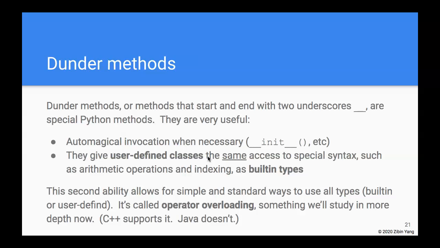This syntax could be arithmetic operations such as plus, multiplication, etc., and the indexing operation in a list. So this second ability allows for a very simple and standard way to use all types, and it's called operator overloading, and that's what we're going to be studying.